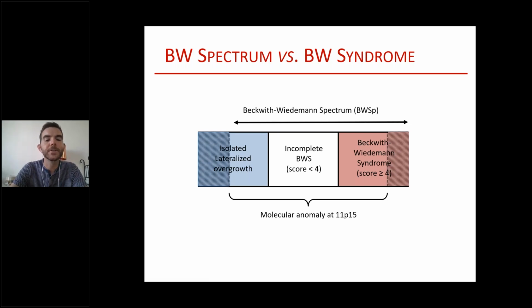But we introduced the notion of Beckwith Wiedemann spectrum for those patients with incomplete presentation or patients with an isolated symptom, but who carry a molecular anomaly at 11p15. And the recommendations that we made during the consensus should be applied not only for the patient with BW syndrome, but also for all the patients with BW spectrum.